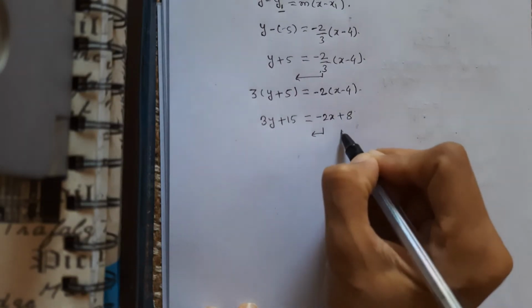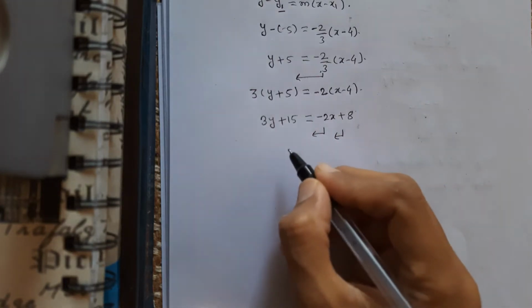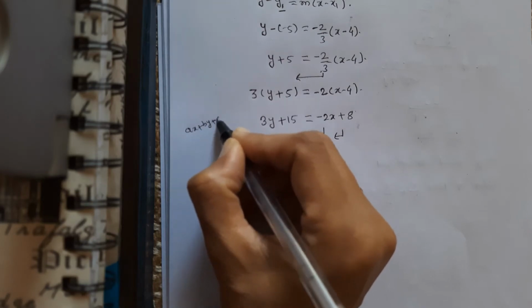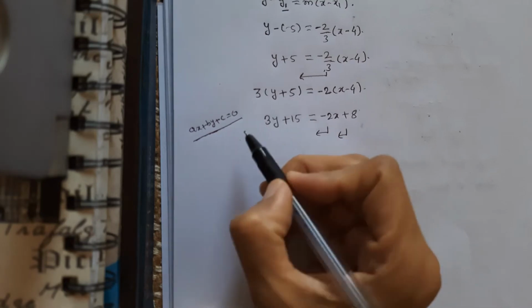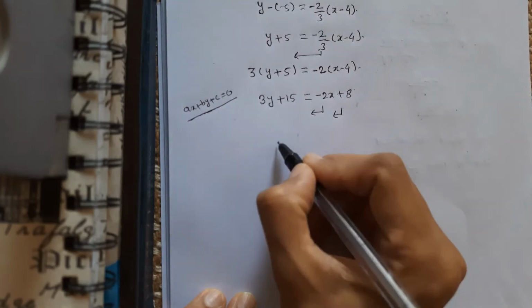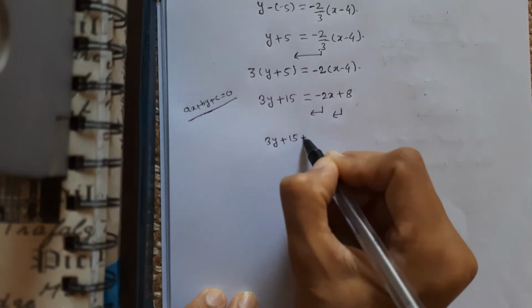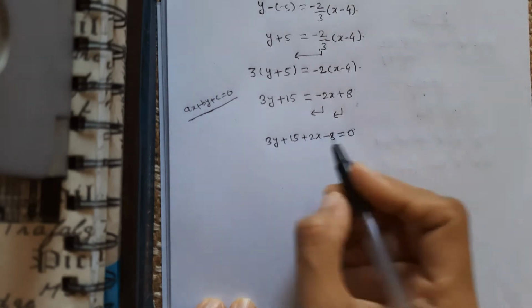Now shift everything to this side, because we want to write it in the general form, which is ax plus by plus c equals 0. We always represent the straight line in this form. So now I'll get 3y plus 15 plus 2x minus 8 equals 0.